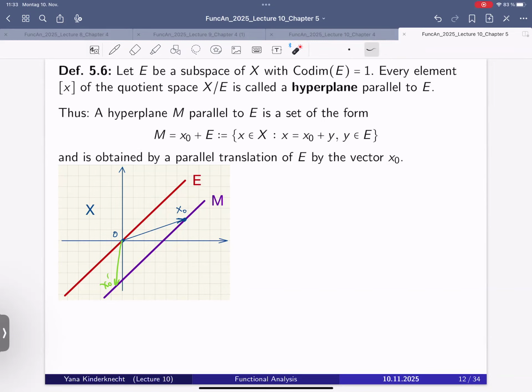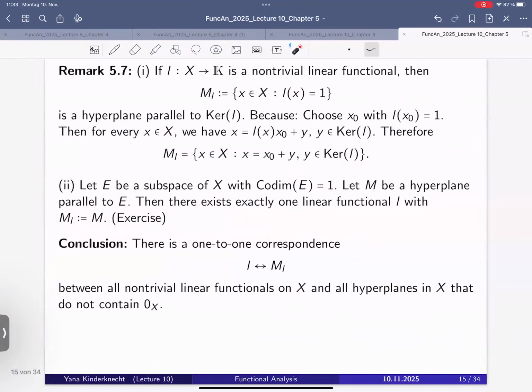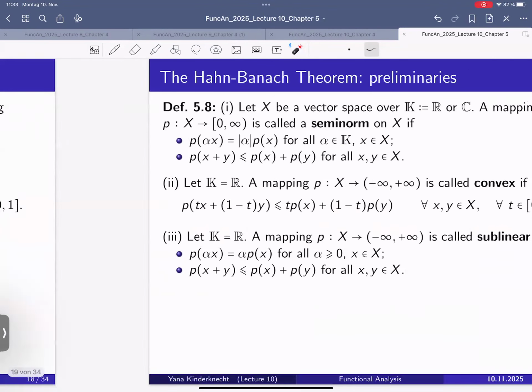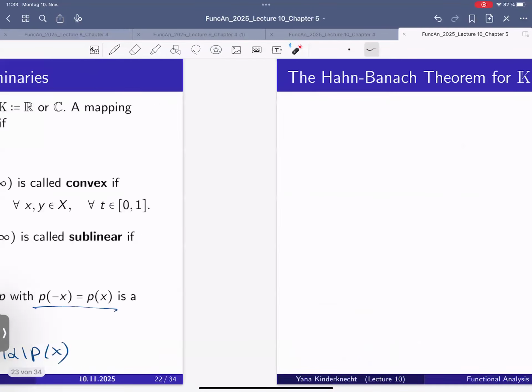Excuse me. Since the linear functional has codimension one, does this mean that in the Hahn-Banach theorem we just extend by one dimension? No, it's a good question, but the answer is no. It is one of the possibilities, but it is not assumed.